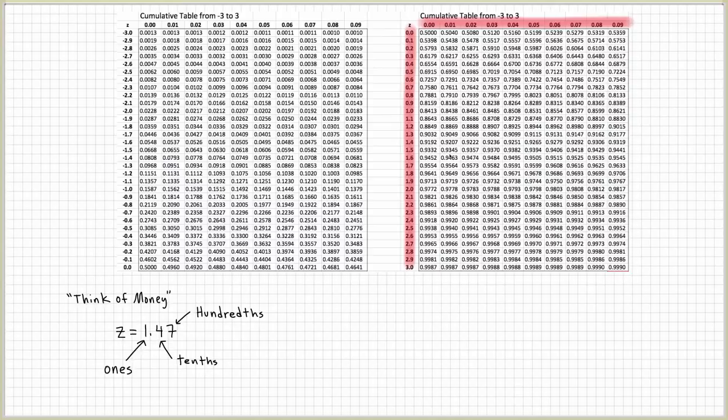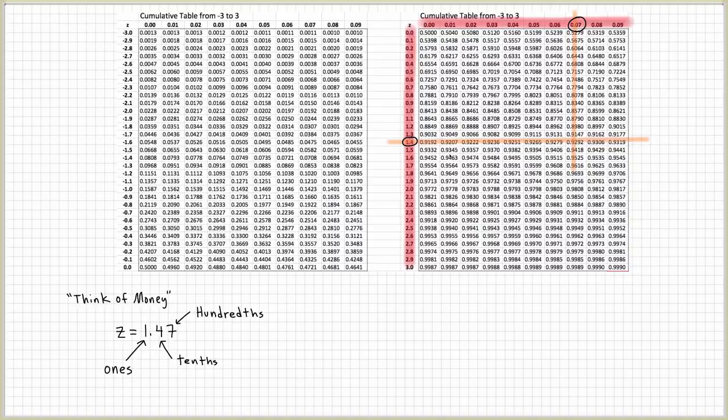Think of it as $1.47. So first piece is the ones and tens, $1.40. Where's $1.40 in the ones and tens column? Let's look. That's right, there it is, $1.40. We draw a line going across. And now we look for the hundreds place, 7 cents. We look at the top, 1 cent, 2 cent, 3 cent. Where's 7 cents? Right there.